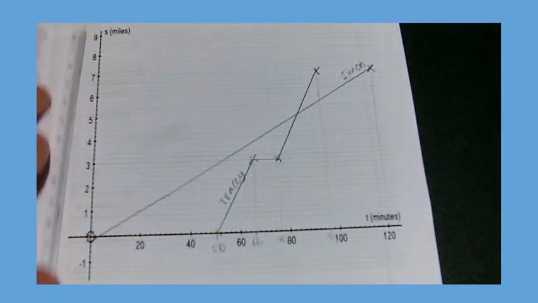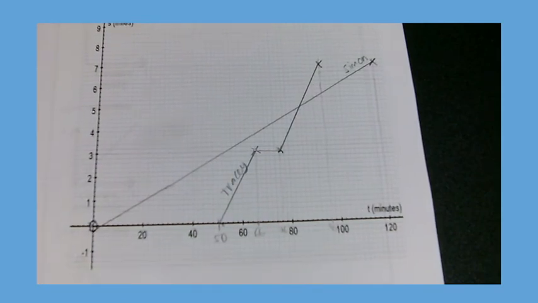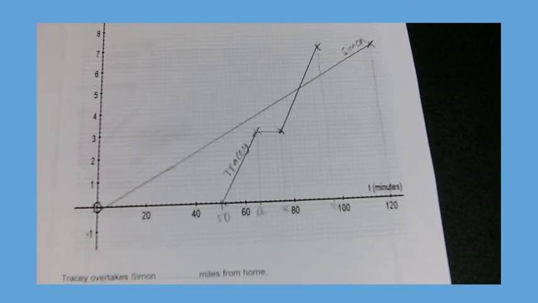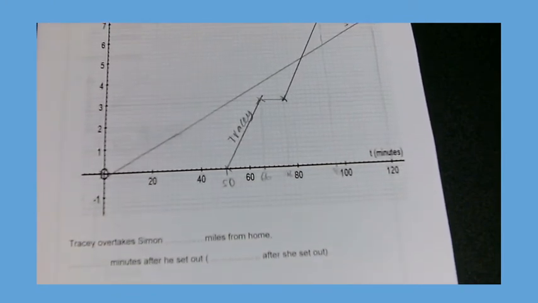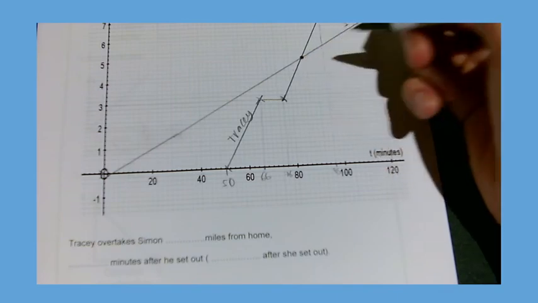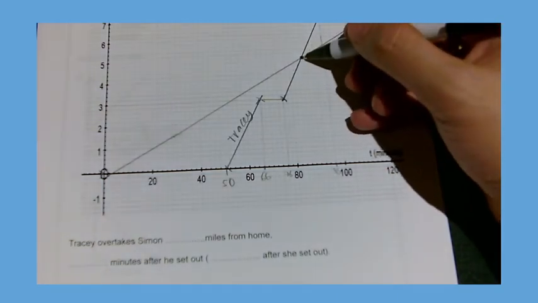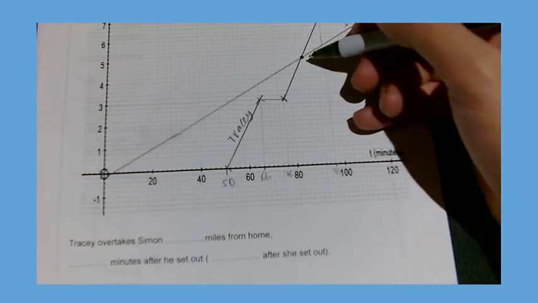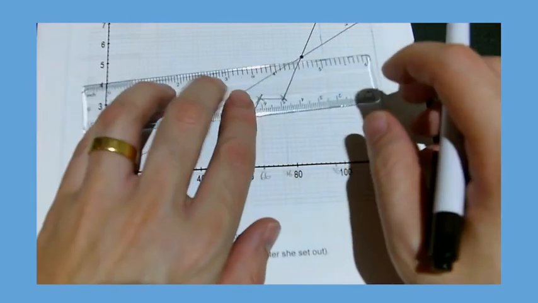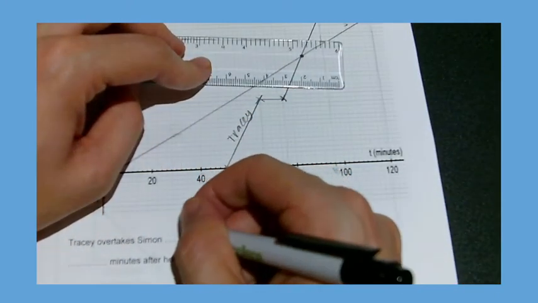So that is a displacement time graph for Simon and Tracy. And the overall question is, when and where will she overtake him? Tracy overtakes Simon at the point which will be here. And how many miles away from home does she do that? Make sure I get this right. 5 miles away from home.